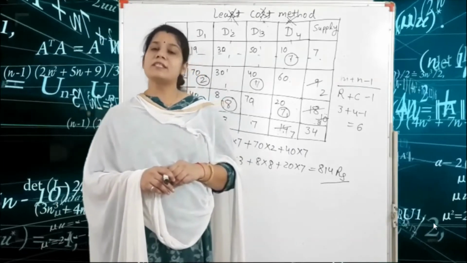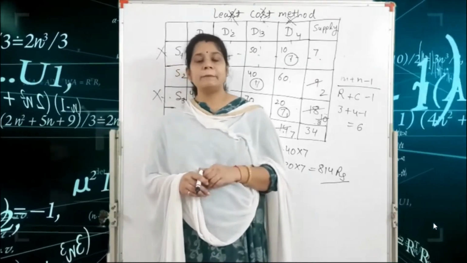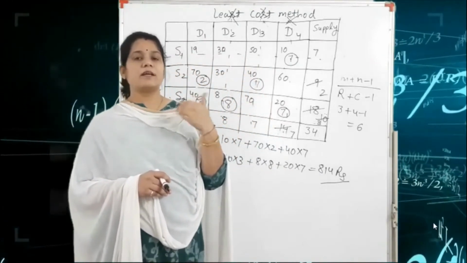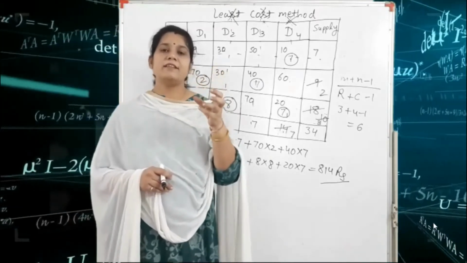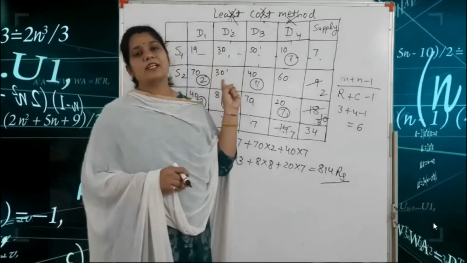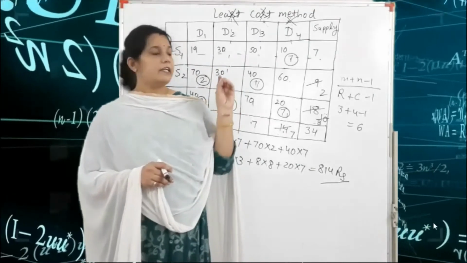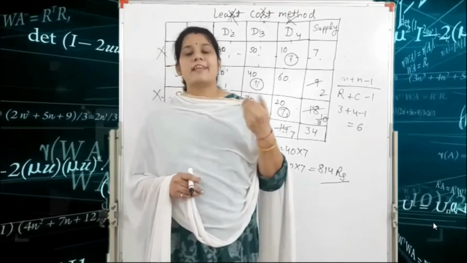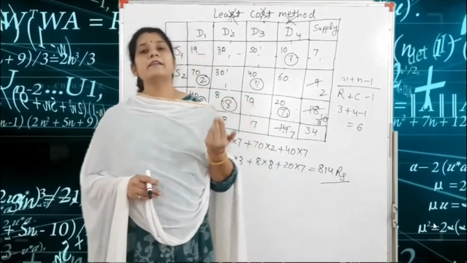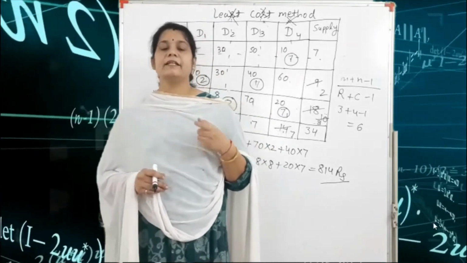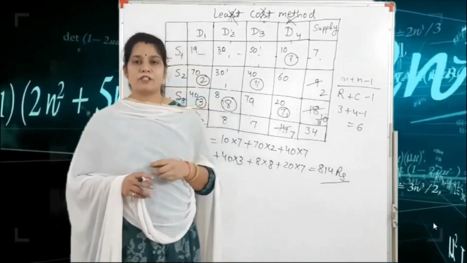After finding these penalties, we use one allocation cell. Then, after the second allocation, we again find the second row penalty and column penalty. This is also a very interesting and important method.